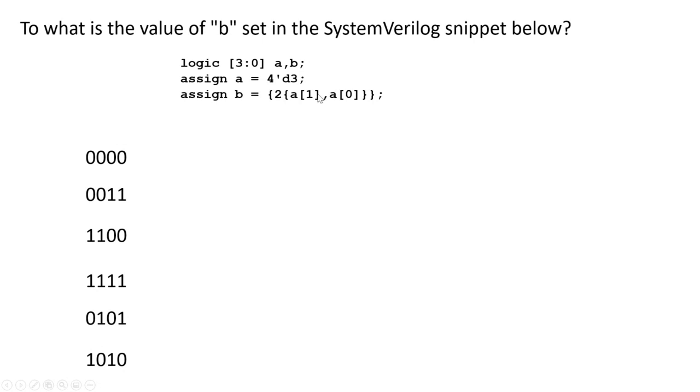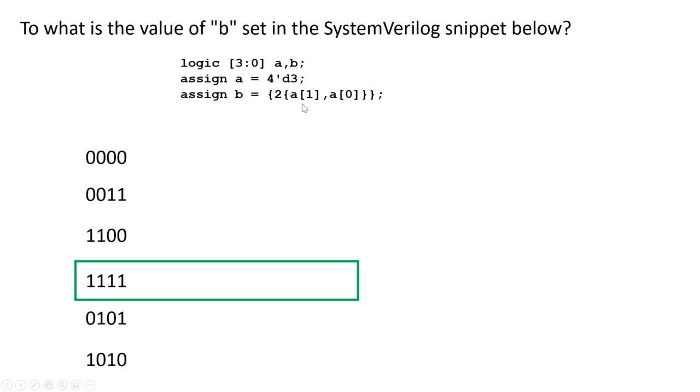So the 2 least significant bits of A is 1, 1. And then I'm going to duplicate those 2 times. I take the two least significant bits of A, concatenate them with the comma and the curly braces, and then duplicate those twice. So it should be 1, 1, 1, 1. So that's the answer there.